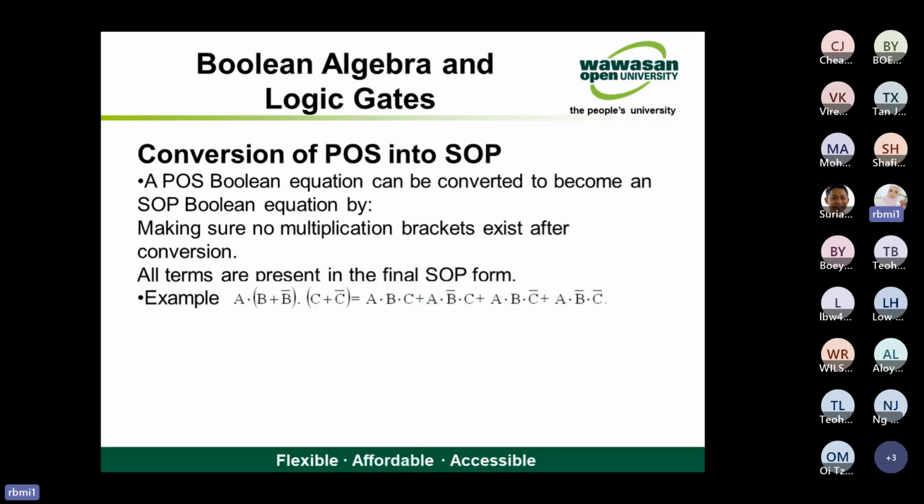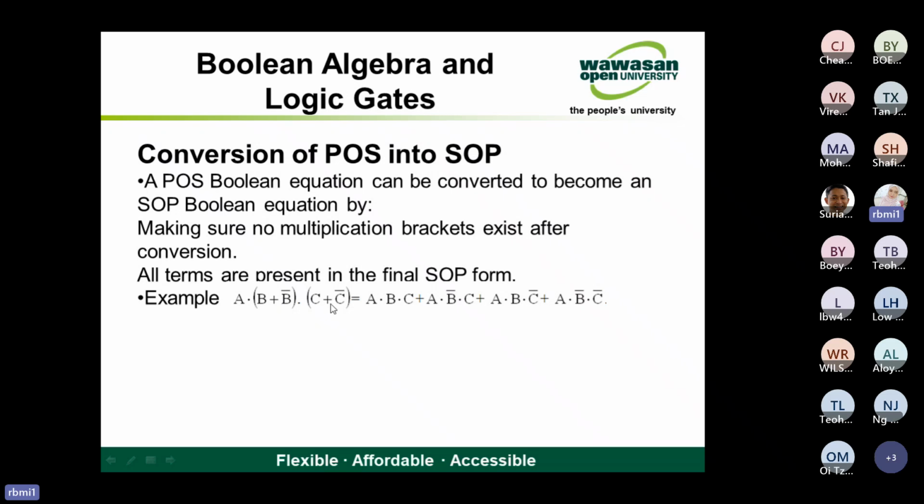We can have the conversion from POS into SOP, from product of sum into sum of product. The usefulness of the min term and max term representations will become clear from the discussions.